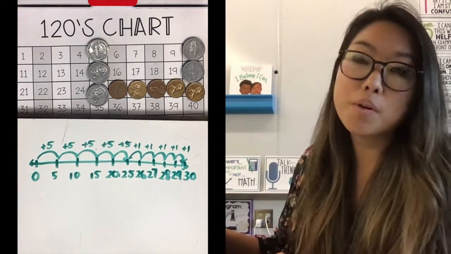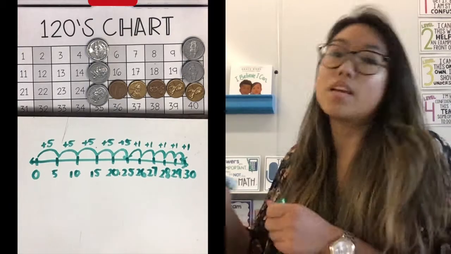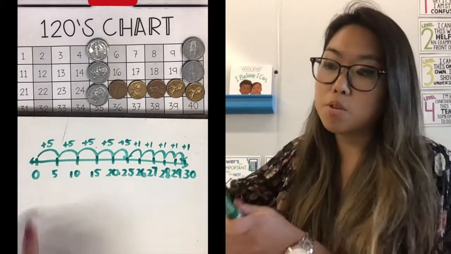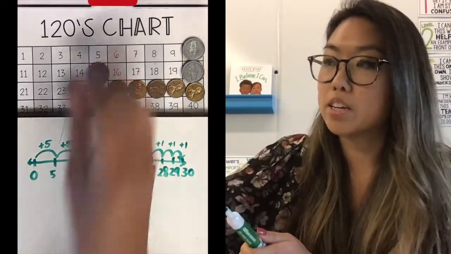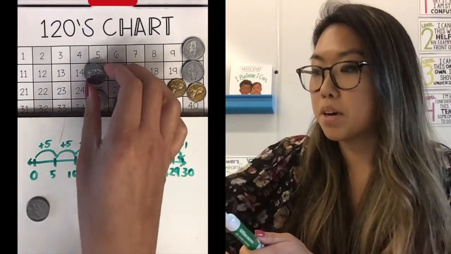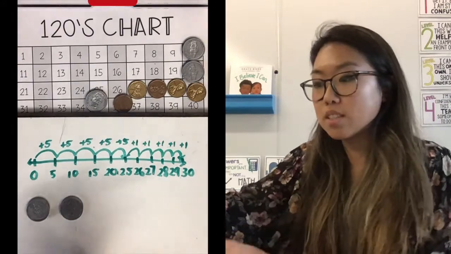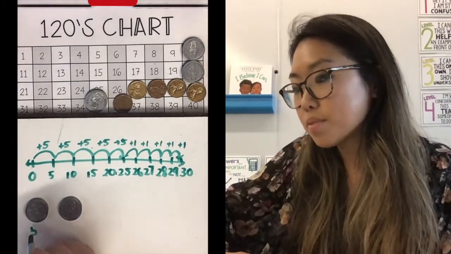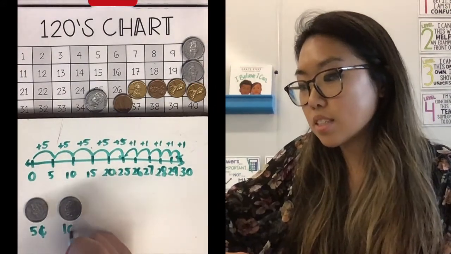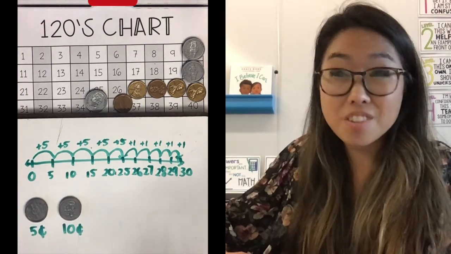But if I want to show my work using coins, if you have coins in front of you, you can line up your coins. So I could have my coins lined up on my board, and I can label underneath each one of my coins. So this would be 5 cents, 10 cents. Are you noticing how they're all very similar?